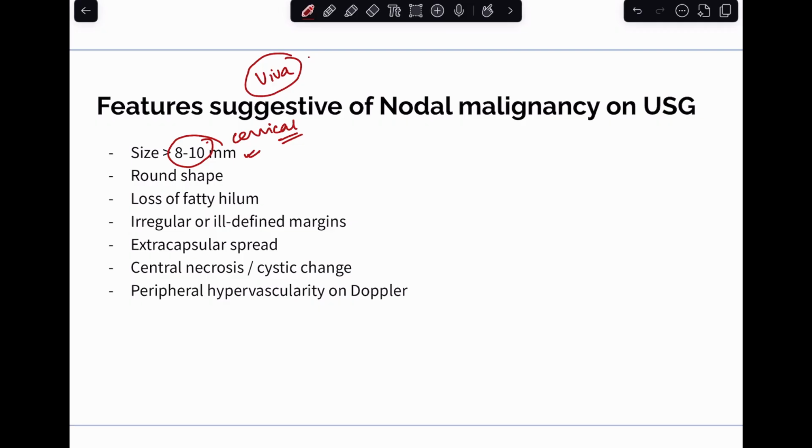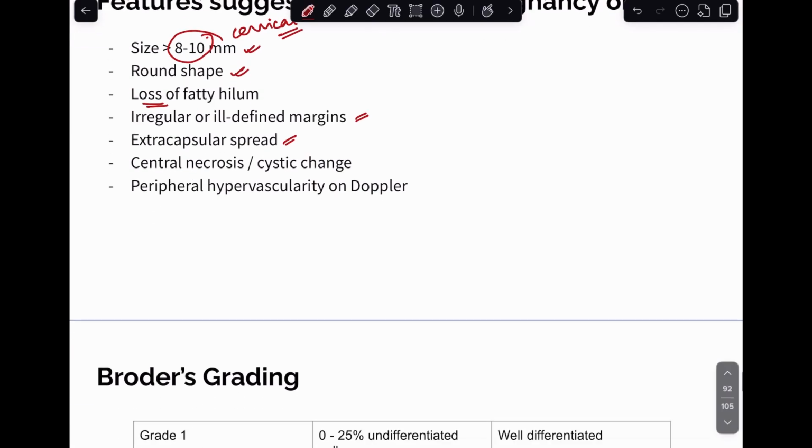Then the next feature is the shape will be round. There will be loss of fatty hilum, irregular ill-defined margins, extracapsular spread, central necrosis or cystic change is seen, and peripheral hypervascularity on Doppler. So these are all the features that you would be seeing in a case of cervical node malignancy on the ultrasound.